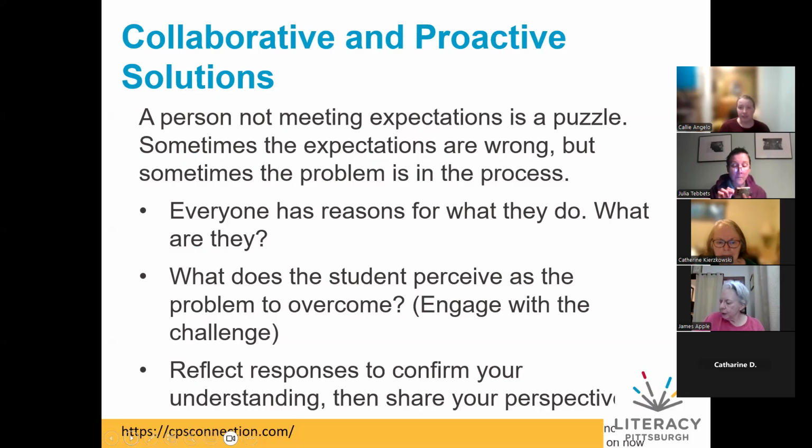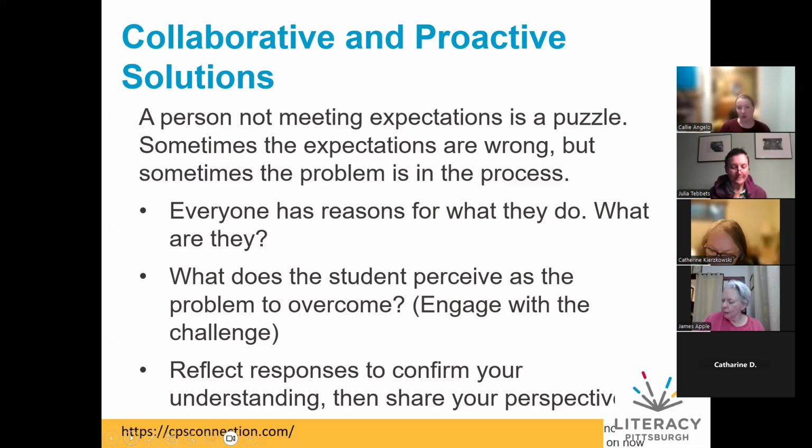So a consideration here that is important is everyone has a reason for what they do. What is the reason? That seems really obvious to state in a theoretical capacity here, but the amount of times that we overlook this when we are doing behavior interventions is astounding. What does the student perceive as the problem to overcome?